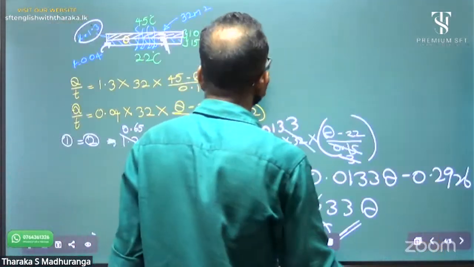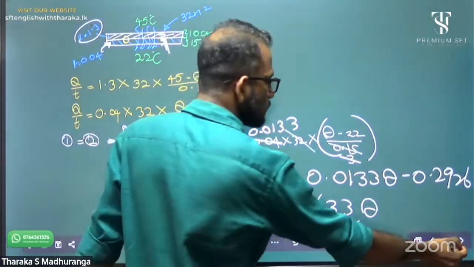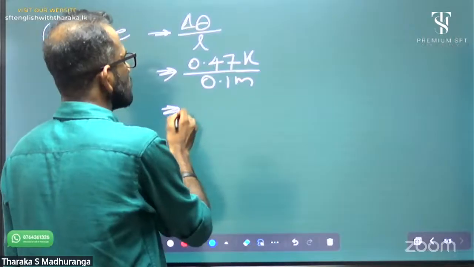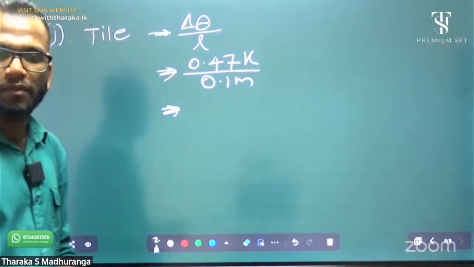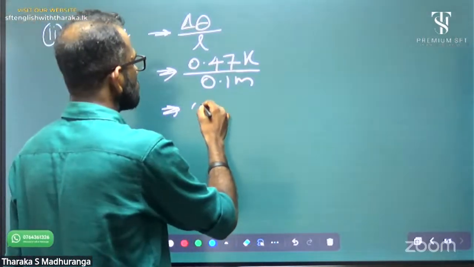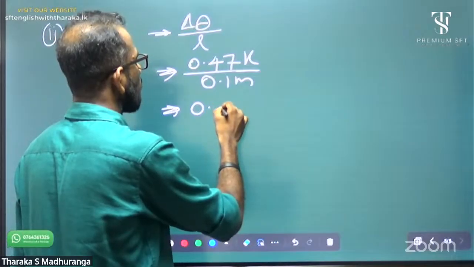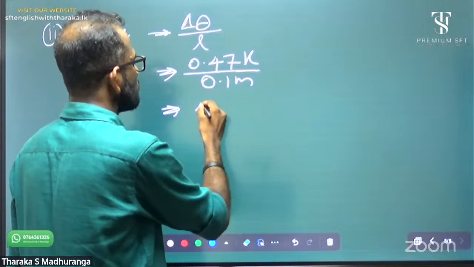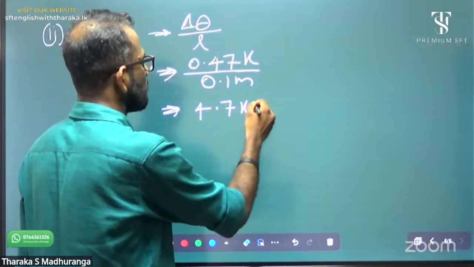What is the length? 10 centimeters, 0.1 meter. Okay, what's the answer? 4.7 K m minus 1, right?